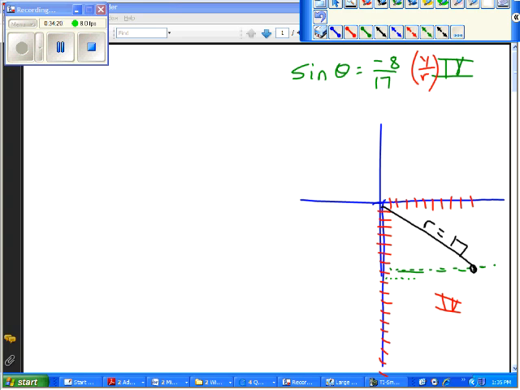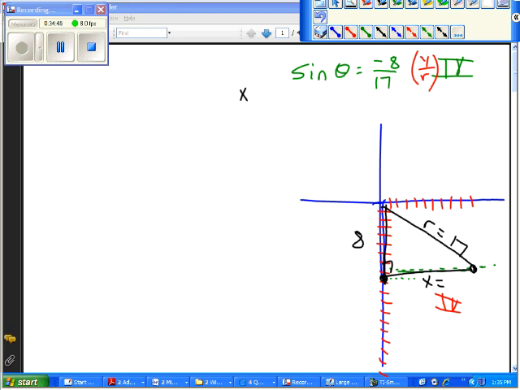You understand? Because I don't really know where it is. So I've got a y value of 8, and I've got an r value of 17, and I need to find my x values. Everybody getting a visual of that? Now, we didn't draw it right where it goes because we really don't know right where it goes.